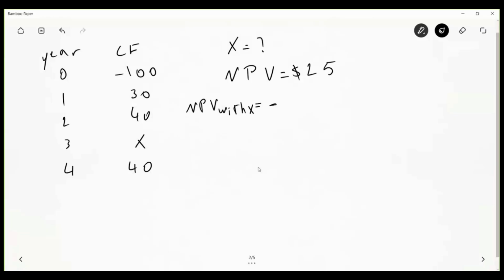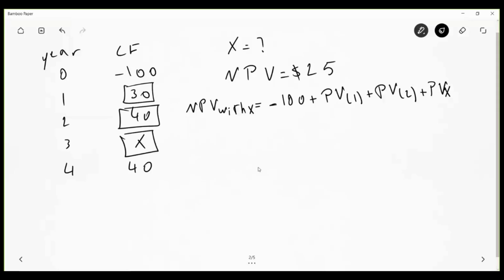It's equal to minus 100 plus PV, I will call it PV of 1. So this is the present value of the $30, the cash flow in year 1, plus PV of the second cash flow, plus PV of the third cash flow, which is PV of X, plus PV of 4.